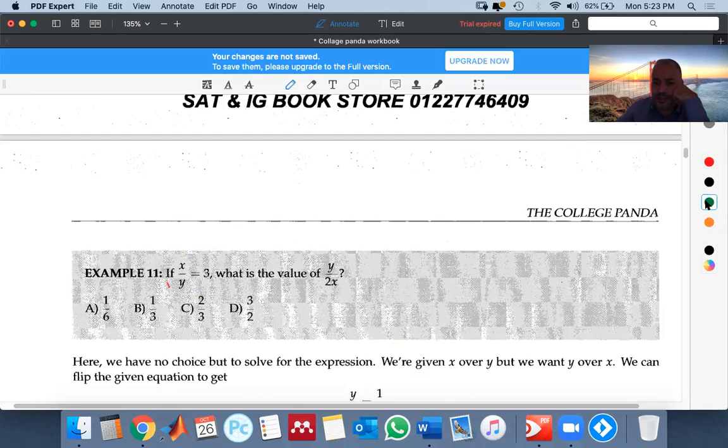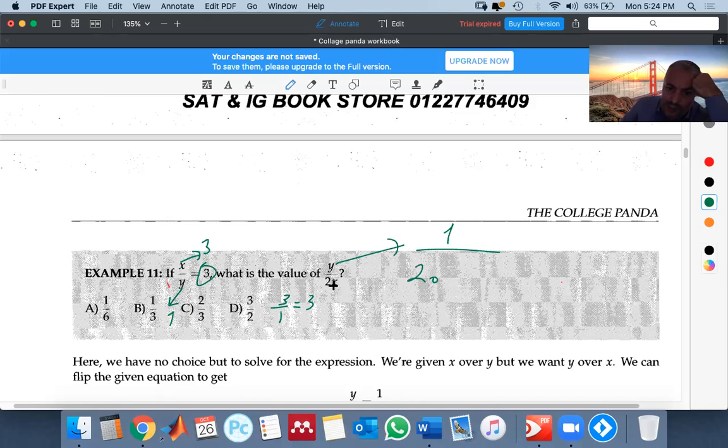Since this is a ratio, instead of x, put 3, instead of y, put 1. 3 over 1 is 3. Okay? So put it here. What was the y? y was 1. What was the x? x was 3. So result is 1 over 6. You can even use this. Is it okay?